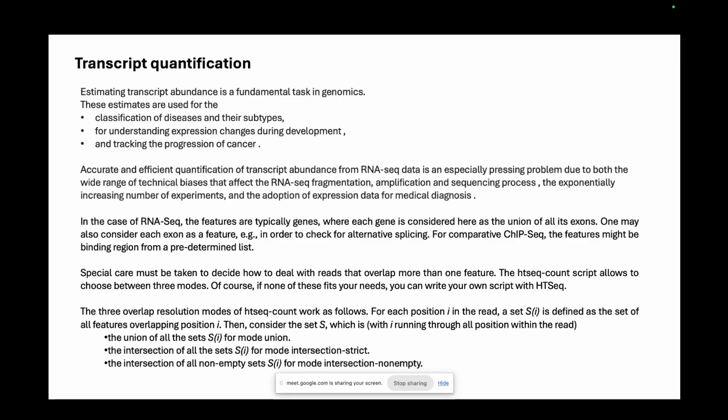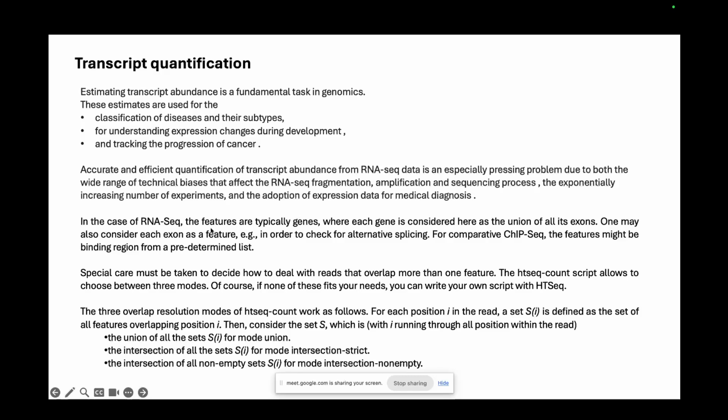So when you're talking about a gene, it is actually a union of all its exons, and how many transcripts are present. One may also consider each exon as a feature in order to check for alternative splicing. And for comparative ChIP-seq, the features might be binding regions from a predetermined list.